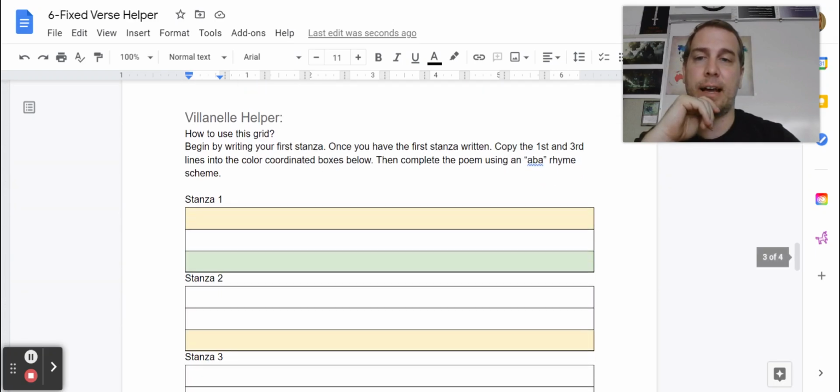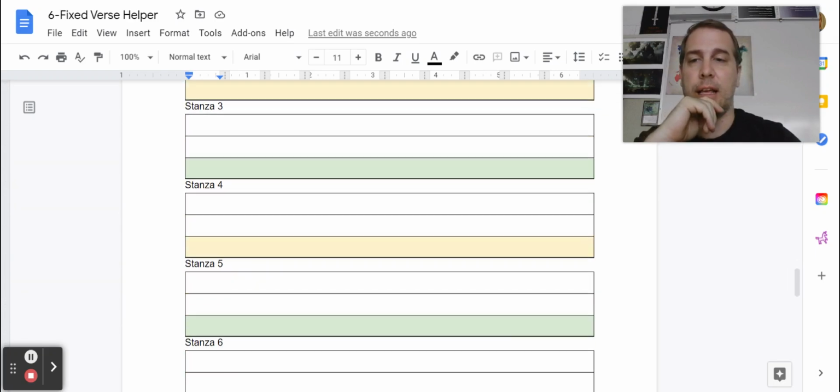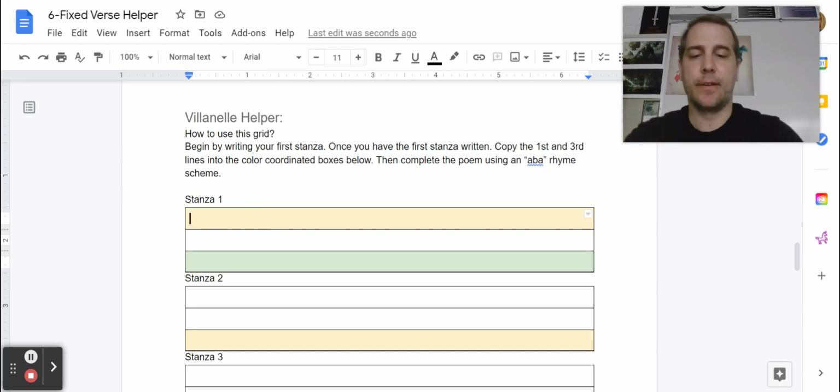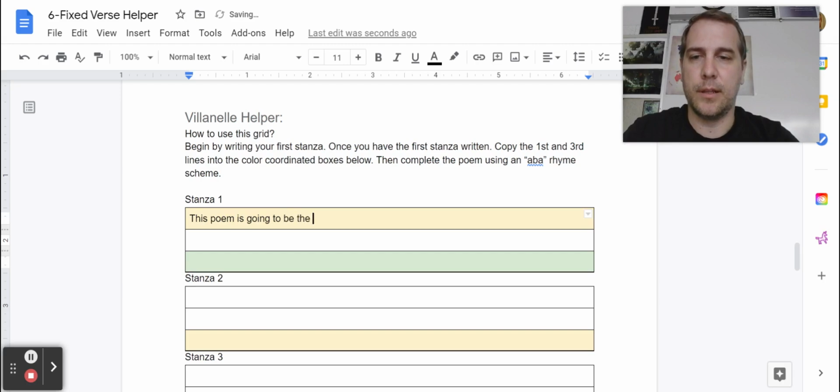And so this little framework can make it a lot easier to write a sonnet. Going down here, I have a little helper with the villanelle. And you can see really what I'd recommend is first writing the first stanza. And so if you write the first stanza and you say something like, this poem is going to be most truly epic.